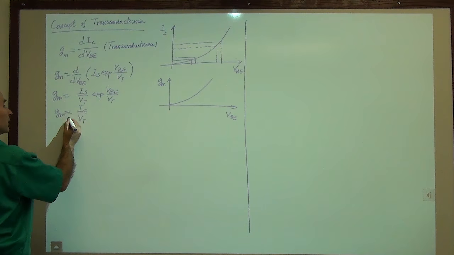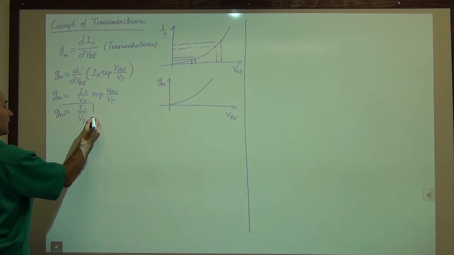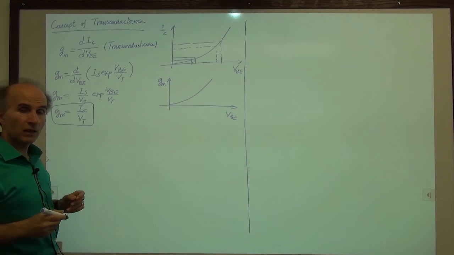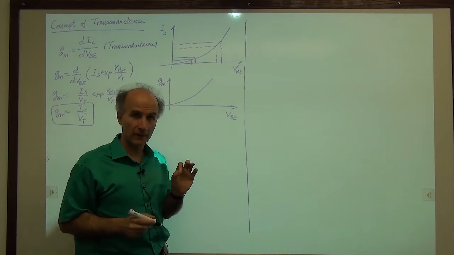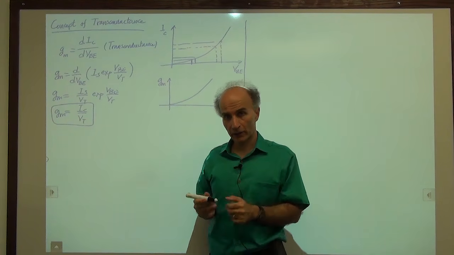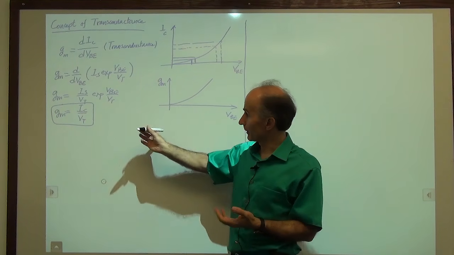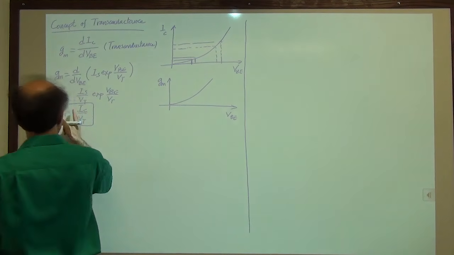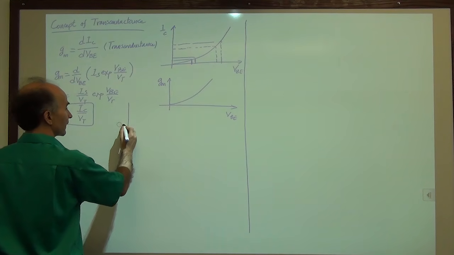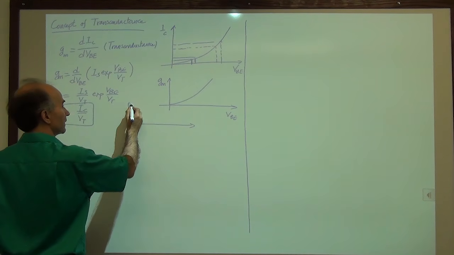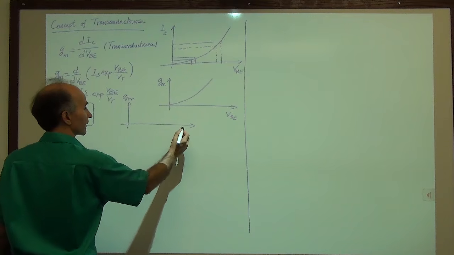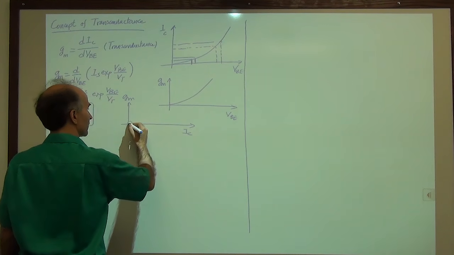That's a beautiful, simple relationship that tells us how the transconductance of the device depends on the collector current. If I plot GM as a function of IC, it's very straightforward: GM as a function of IC is a straight line.